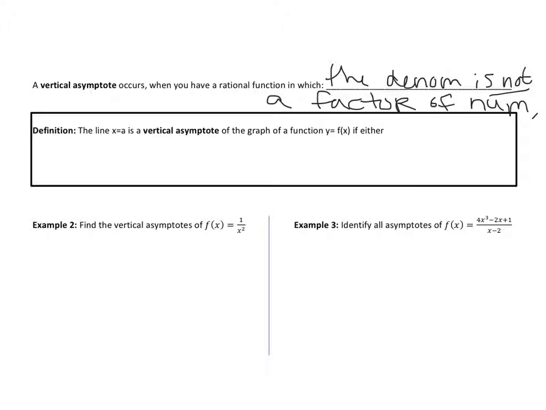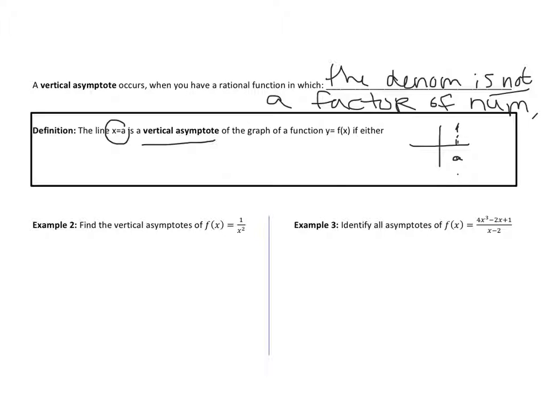Okay, so let's look at then the formal definition of a vertical asymptote. Notice in this definition it starts with x equaling a, because vertical asymptotes go through the x-axis. So like if this was a, it would go through that value.